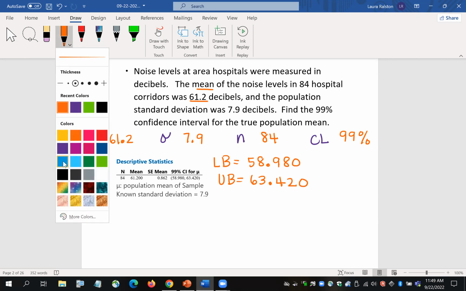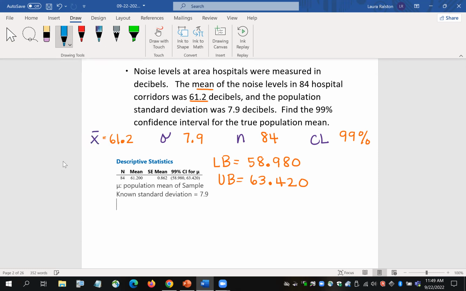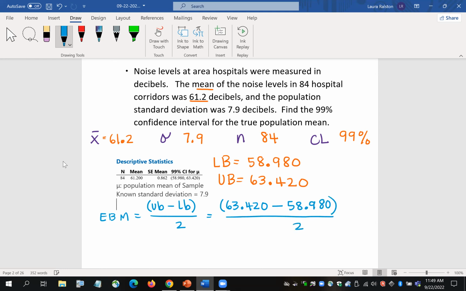Then I have to manually calculate the error bound for the mean, which is the upper bound minus the lower bound divided by 2. So I have 63.420 minus 58.980, and that is then divided by 2.